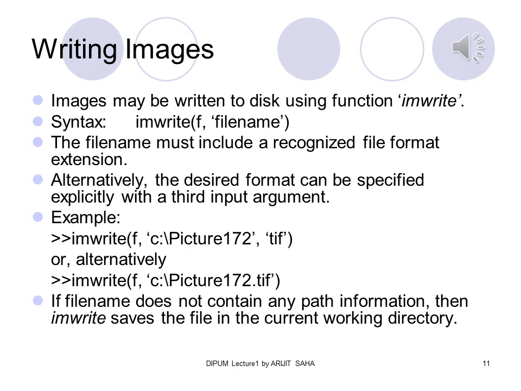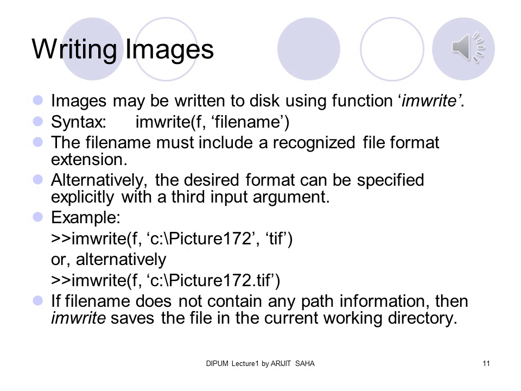What are the recognized formats? Any format you can use over here. Alternatively, the desired format can be specified explicitly with a third input argument, like imwrite f, the path we have specified, C:/picture172, and as a third argument we are giving tif, that is the format which we want to specify.